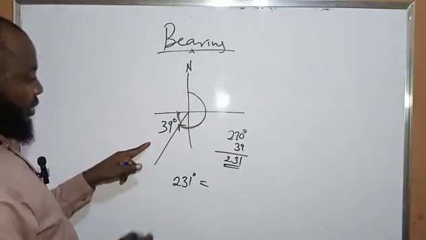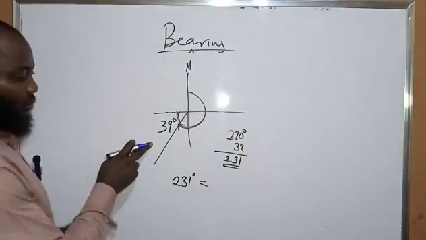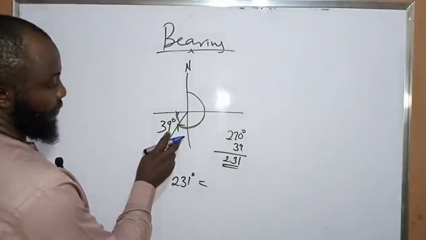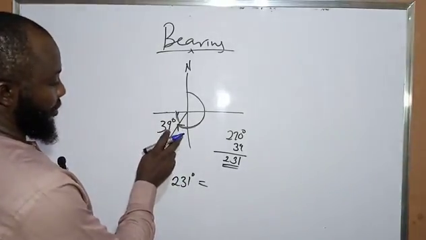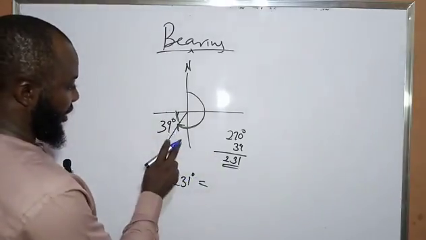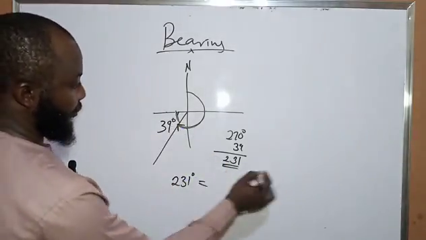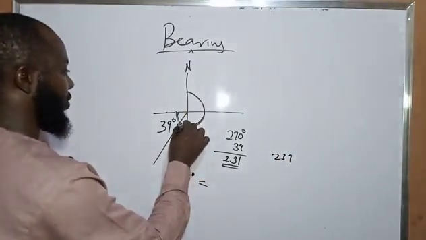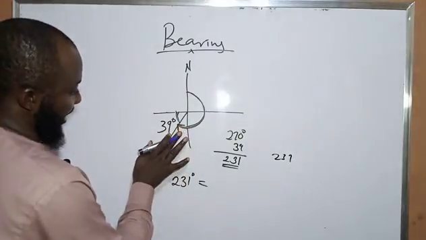And the compass bearing of this, you look for this angle. That is, subtract 180 from 231, because from here to here is 180. We just remove this one, and it will remain this angle.